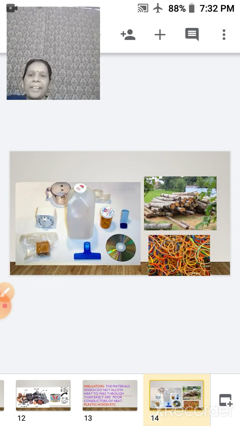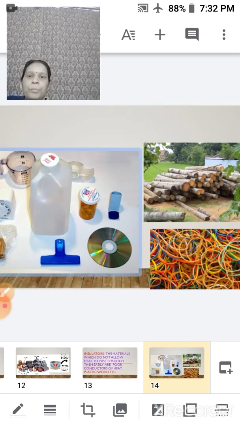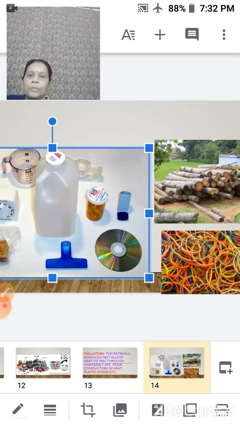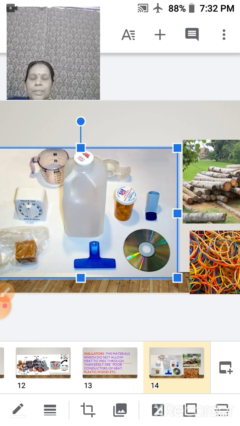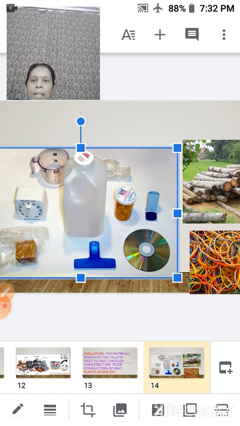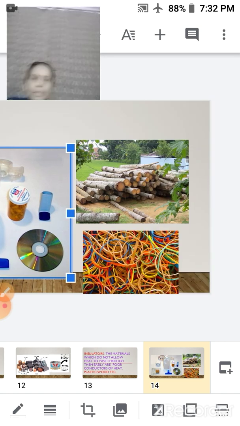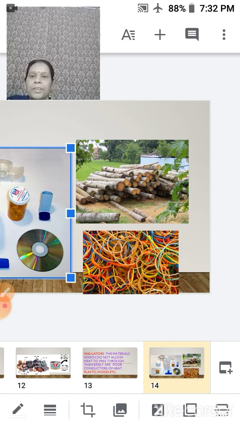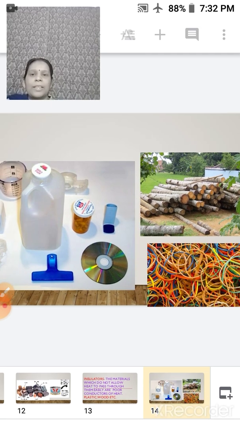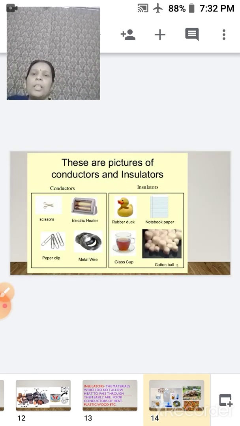Now here again you can see a few examples of the plastic. So here you can see many examples on your screen which are your insulators. Here you can see wood, rubber, glass and all that. So these are all considered to be your insulators.